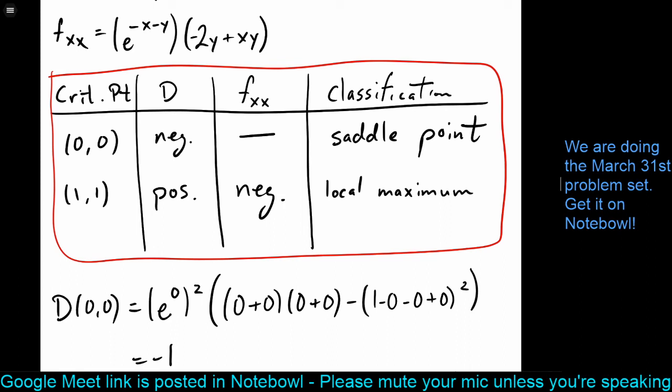Now, if you want the values, you could give an overall critical point with the x, the y value, and then the f of x, y value. I think this is what some of the homework questions are asking for. But the important part here is just the classification.